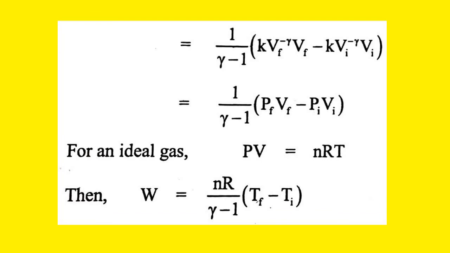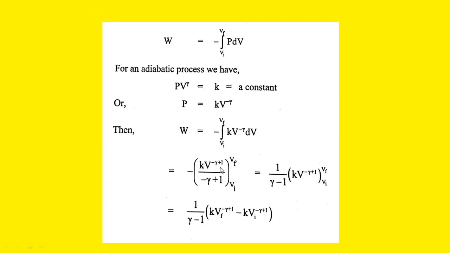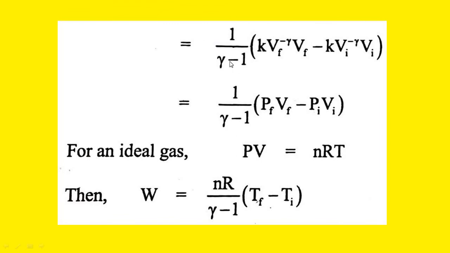We have Vf raised to minus gamma plus 1, which you can write as Vf raised to minus gamma into Vf. So that is 1 by gamma minus 1 K Vf raised to minus gamma Vf minus K Vi raised to minus gamma Vi.